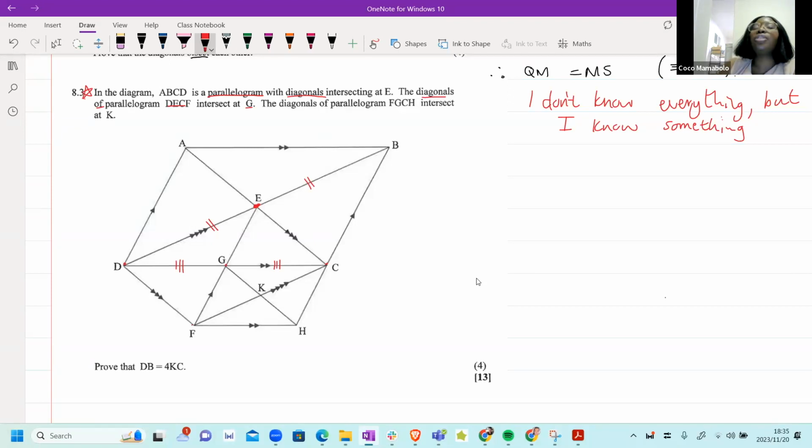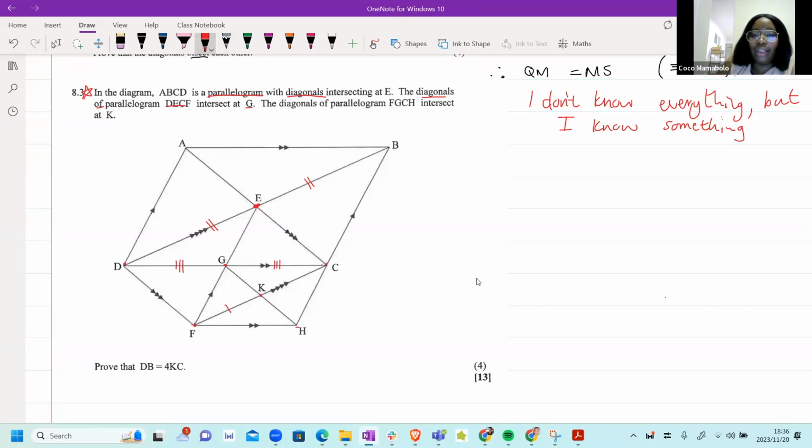All right, let's look at the last one. Then they say the diagonals of parallelogram FGCH intersect at K. So that tells me that KF is equal to what? Good. KF is equal to KC.